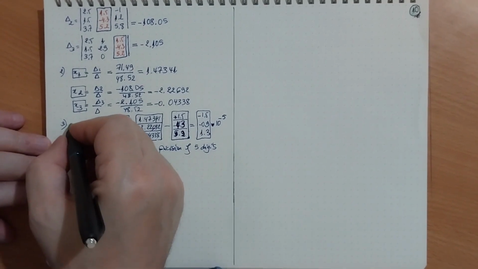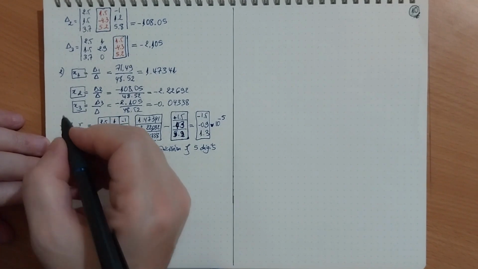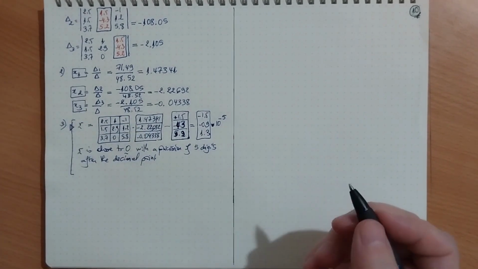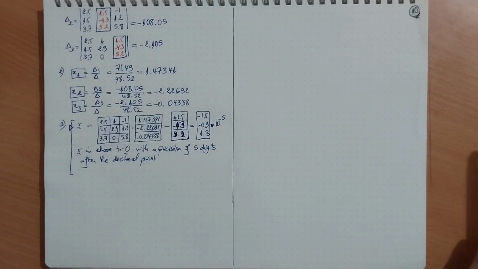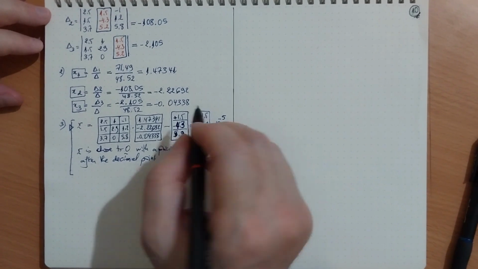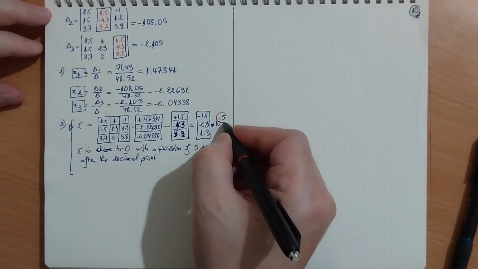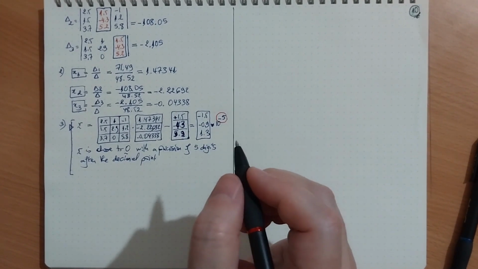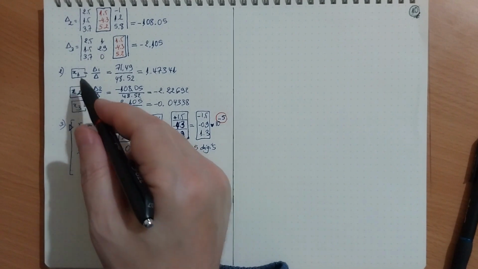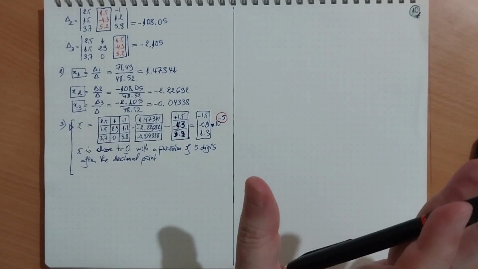This is optional, of course, but it's nice when you have time in the exam, for example, to check your result, or a report, or an exercise, whatever. So you will never find here 0 because of round-off error, but close to 0 according to the digits you have used, number of digits you have used to calculate the determinants and the components of X. So it's very simple, very easy.